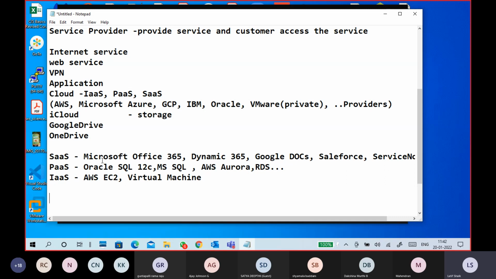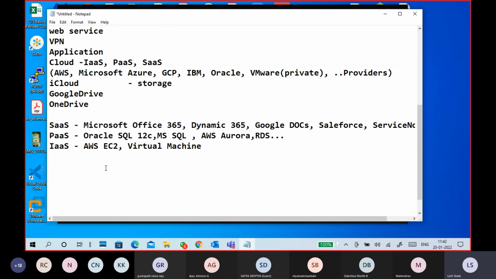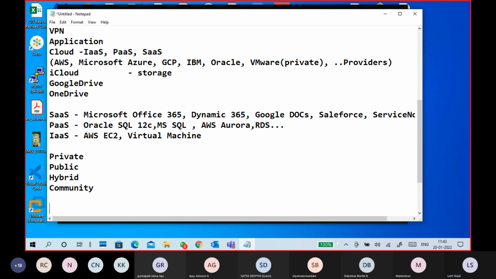A lot of meanings are there, so I am just telling some examples. Also there are private cloud, public cloud, hybrid cloud, and community cloud. So what does private cloud mean? It is a single tenant type.